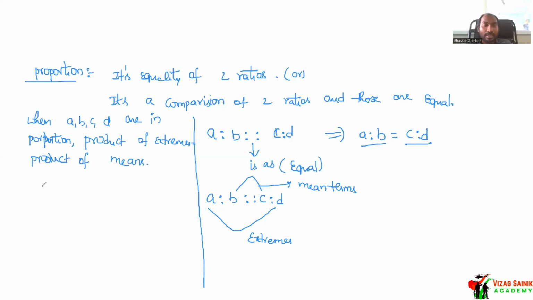Extremes are the outside ones, so A into D equals the product of means, the inside ones, B into C. So A into D equals B into C. Sometimes they will ask for D as B into C by A, but there is no need to remember the formulas if we know how to represent the proportion, then it's very easy.